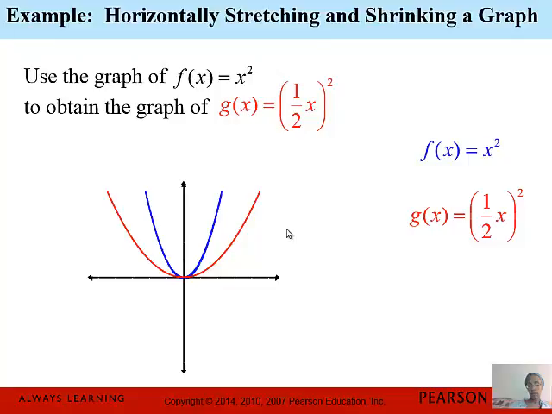So when your c is between 0 and 1, you have a horizontal stretch. Okay, so that's an example of horizontal stretch. If that c would have been bigger than 1, it would have been a horizontal shrink, and the graph would have gotten skinnier. So notice that physically, what we actually visually see is very similar to what we see with the vertical, but they're opposites.